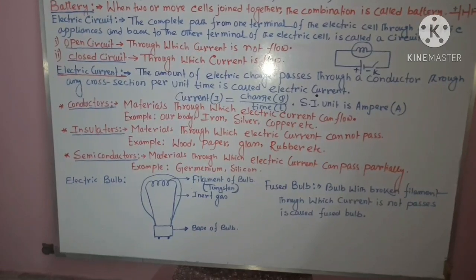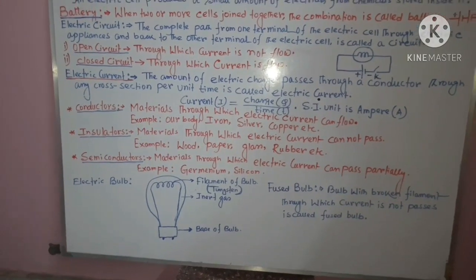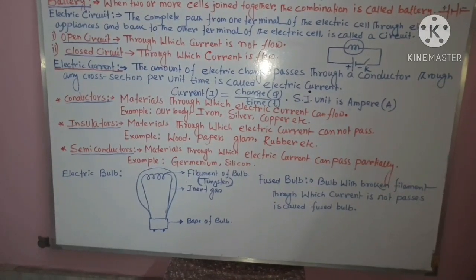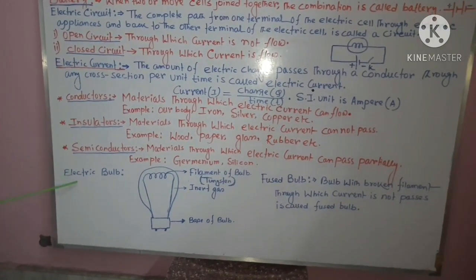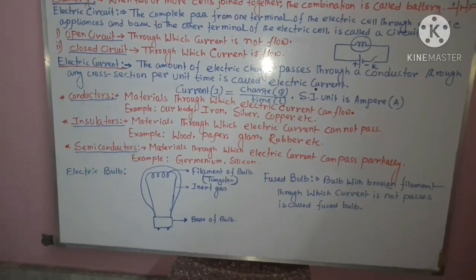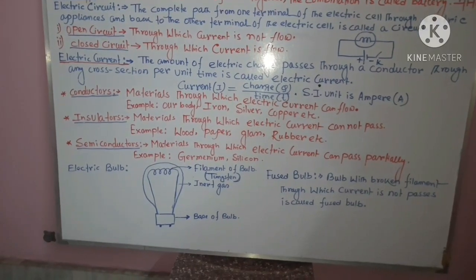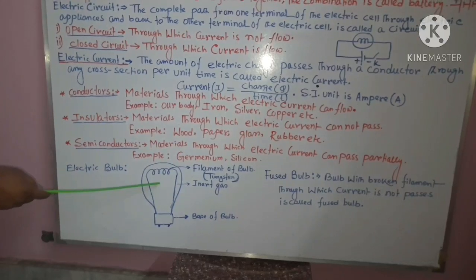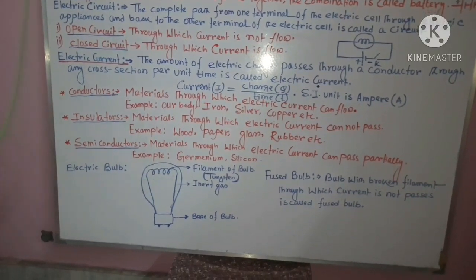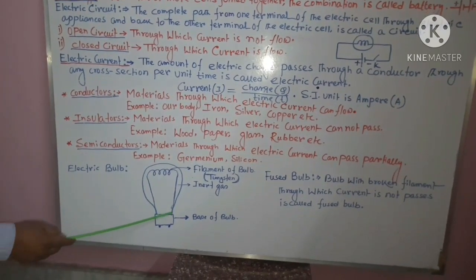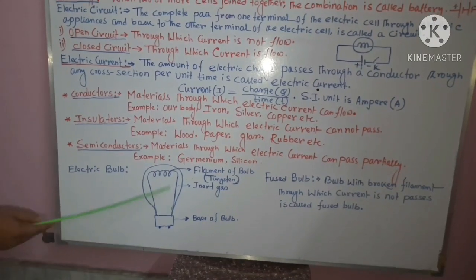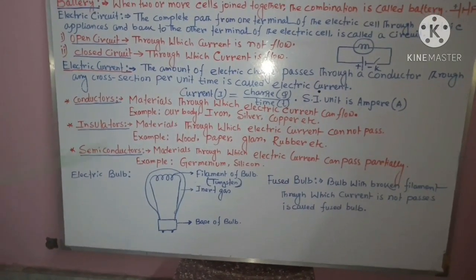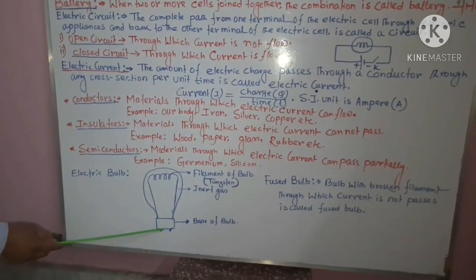Okay, now student, at last today we would like to see about the electric bulb. So what is an electric bulb? This is the diagram of an electric bulb. This is called the base of the bulb. There are two connecting points, this one and this one.